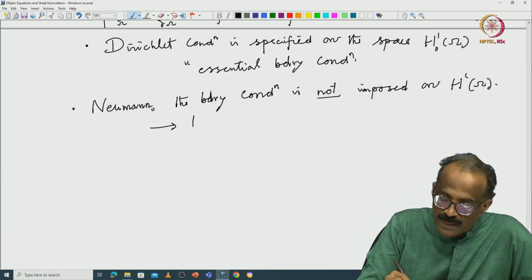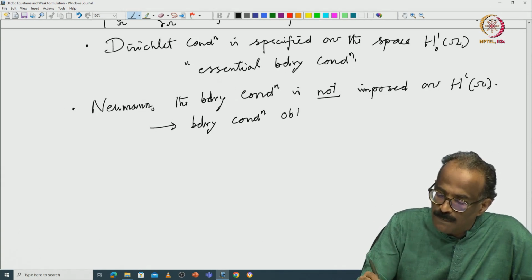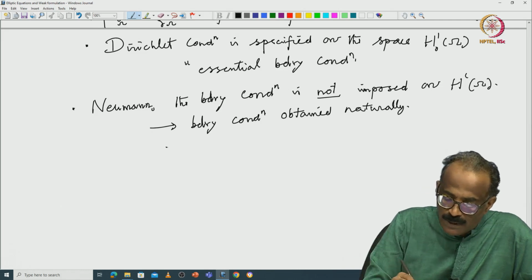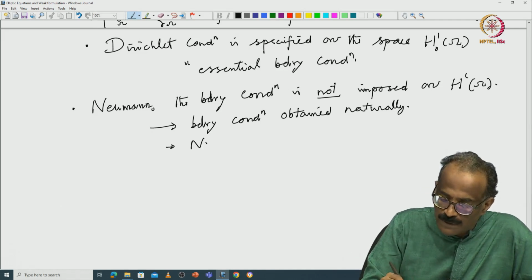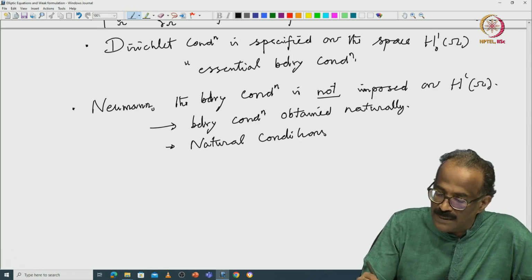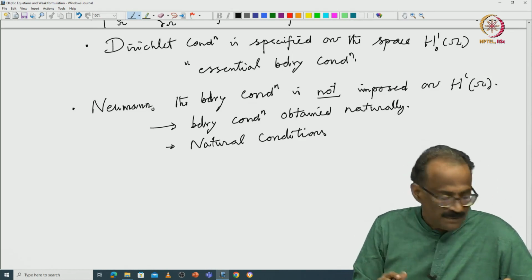So, the boundary condition is obtained naturally. So, it is called the natural boundary condition. Okay. So, this is the terminology you would be reading while learning these topics. So, let me make these things very clear.